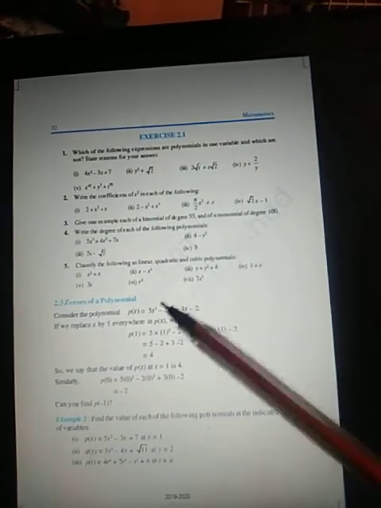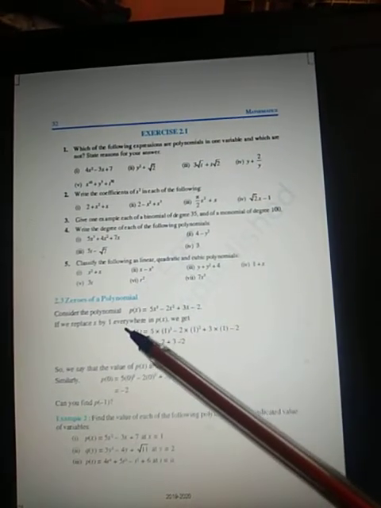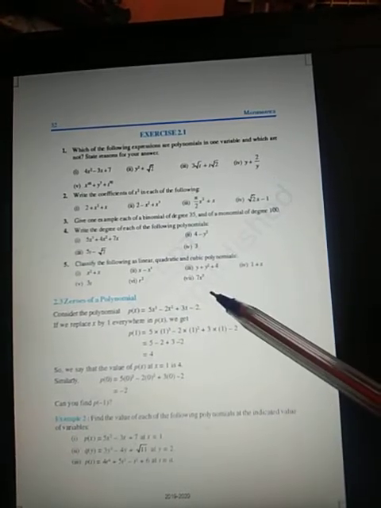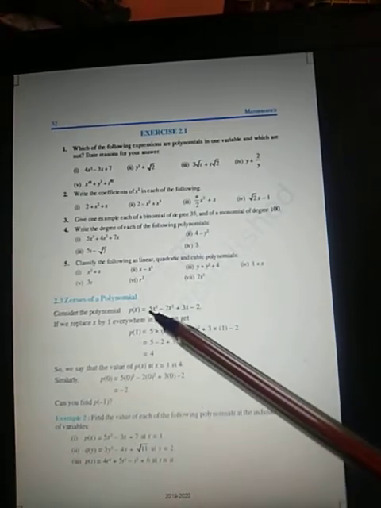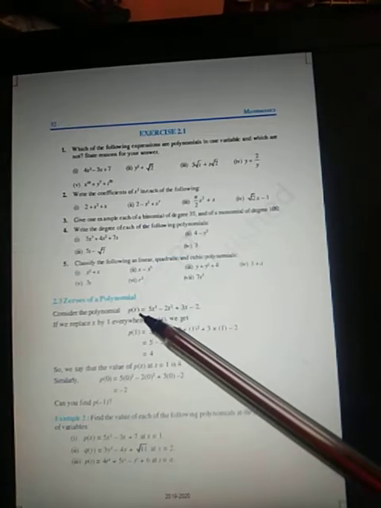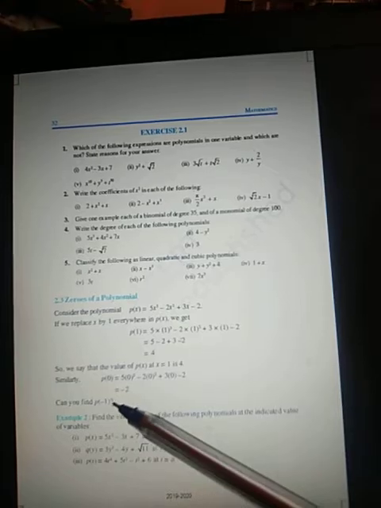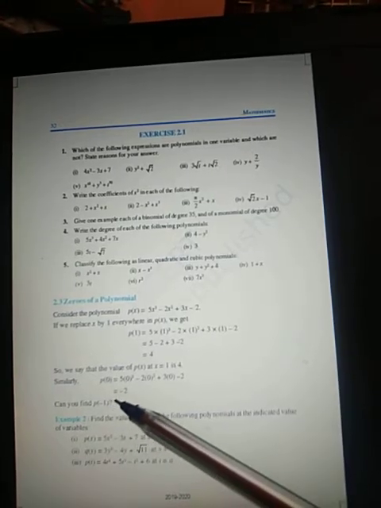Then zeros of the polynomial. Consider the polynomial function. Here they have considered one example. We want to replace x by 1 in p of x, so p of 1 is equal to some value. Likewise, they have substituted minus 1.